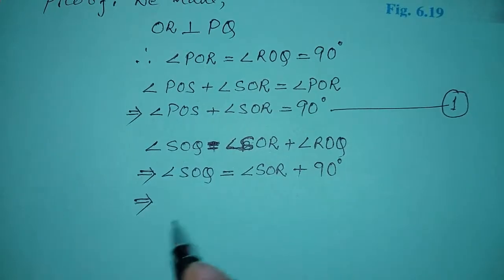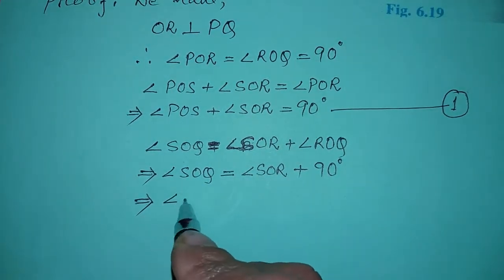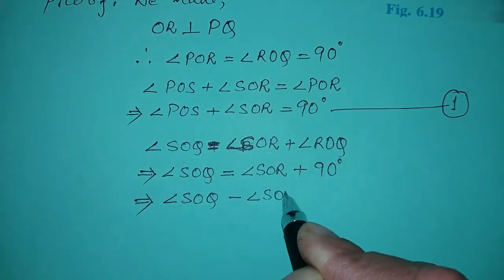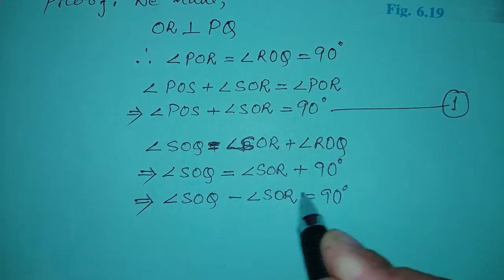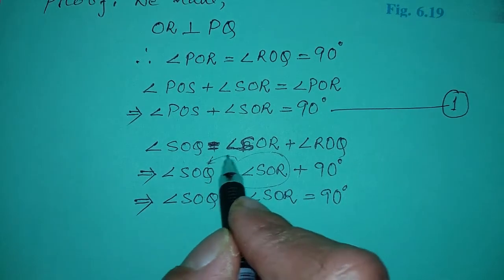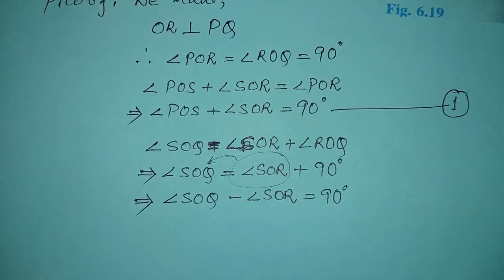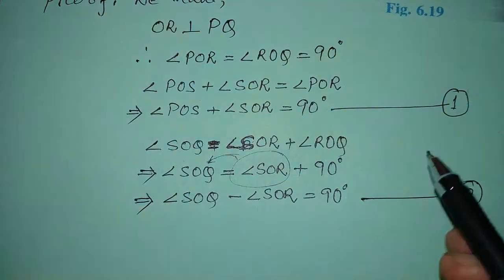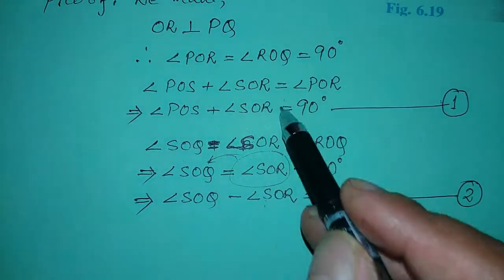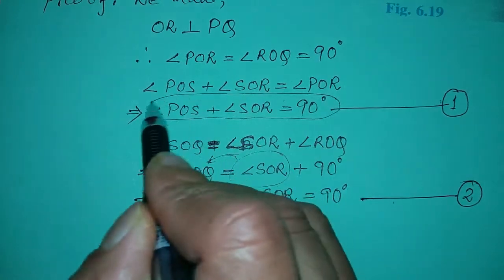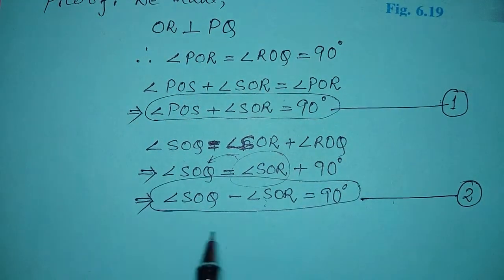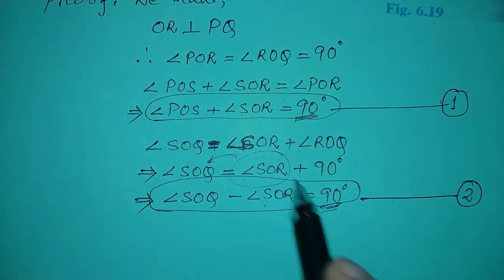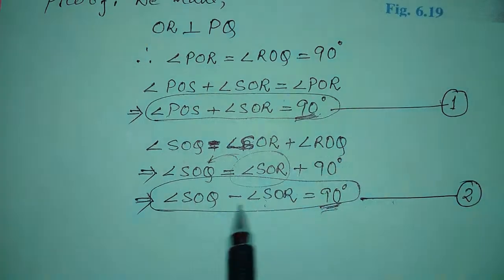Now let's transpose this angle SOR to the left hand side. So we have here angle SOQ minus angle SOR is equal to 90 degree. Now we're going to give this equation 2. Now from these two equations, the sum of these two angles is 90 degree, and here the difference of these two is 90 degree.